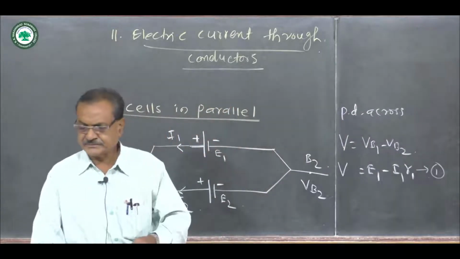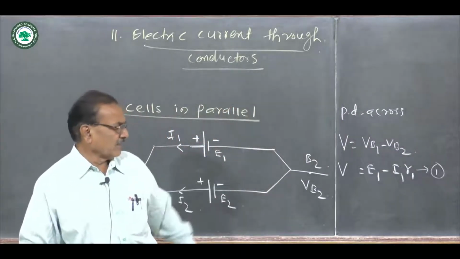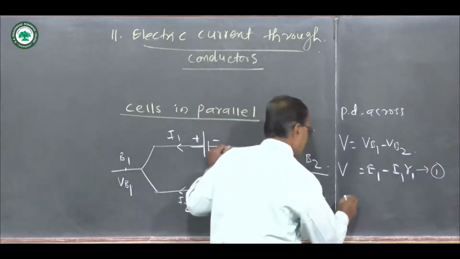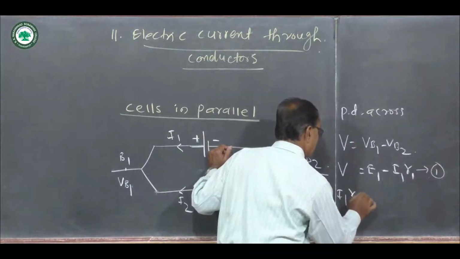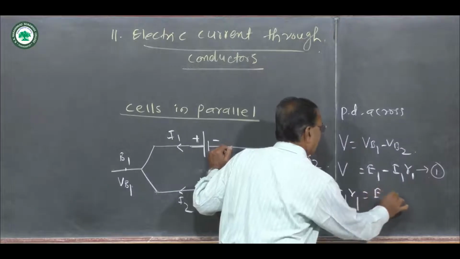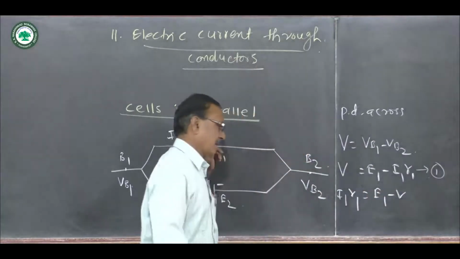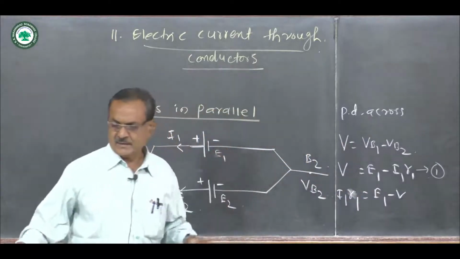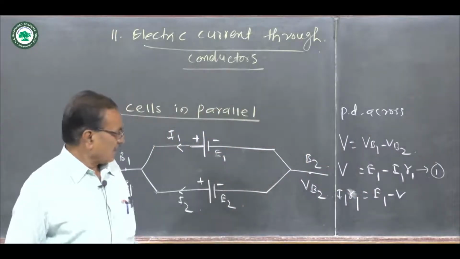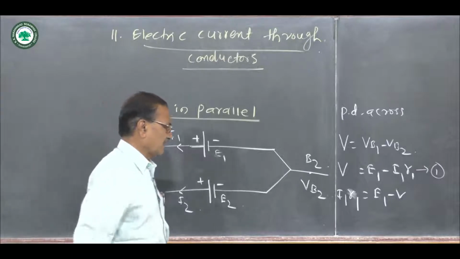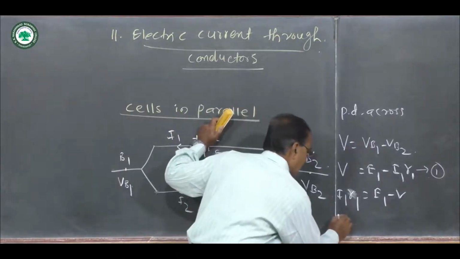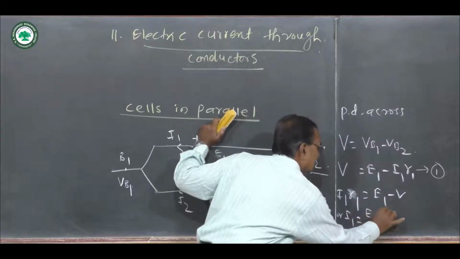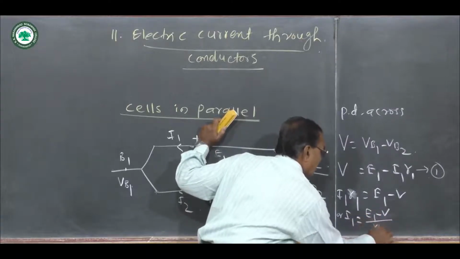Also, if we take I1 R1 to the other side, then I1 R1 is equal to E1 minus V, or I1 is equal to E1 minus V upon R1.